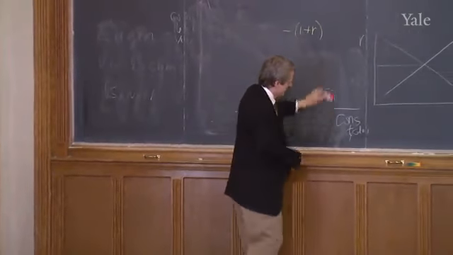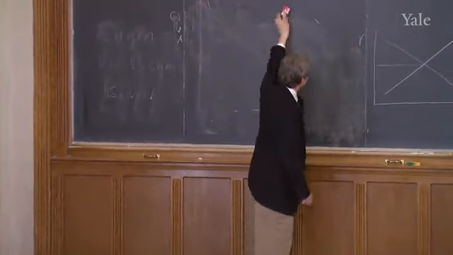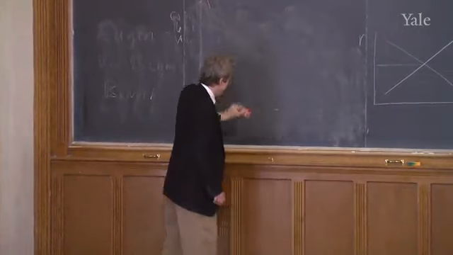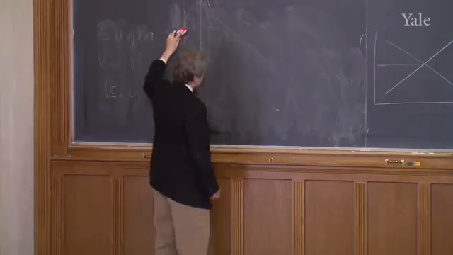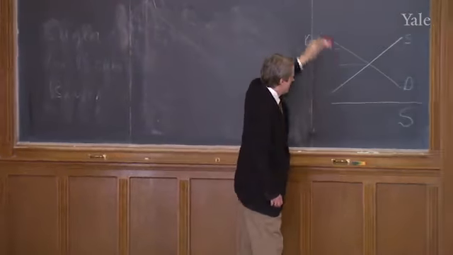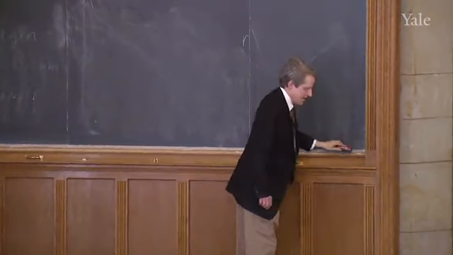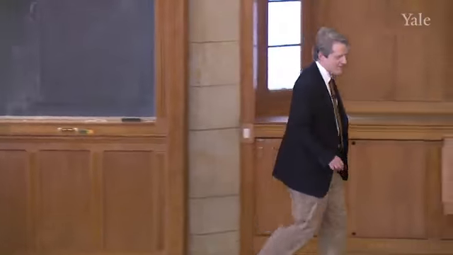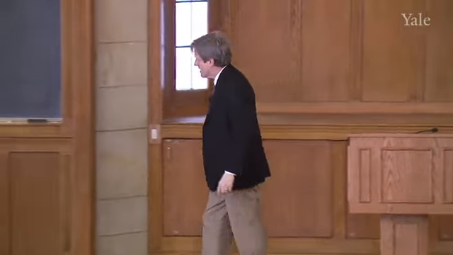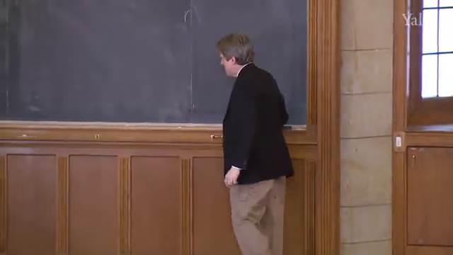The Irving Fisher story was very simple, and it had only 2 periods. So that's too simple for our purposes. So what I wanted to talk about now is different kinds of loan instruments.